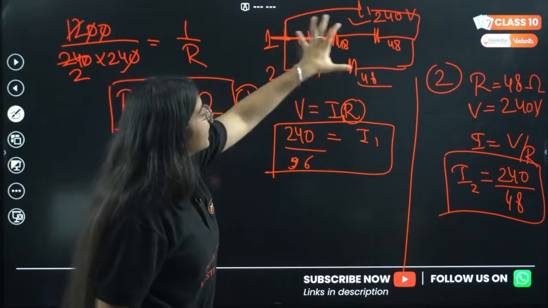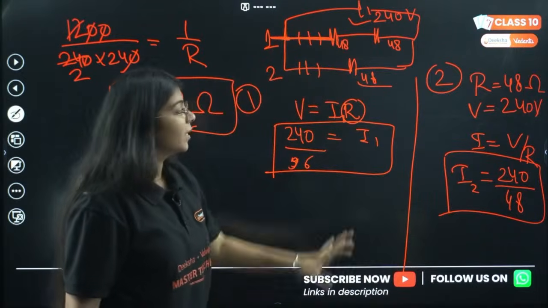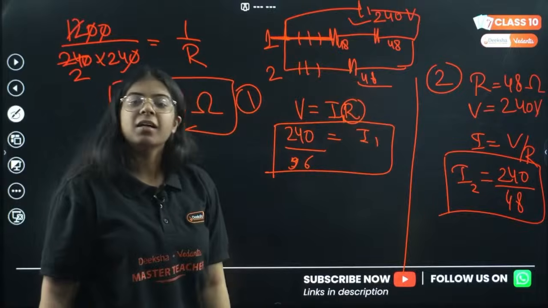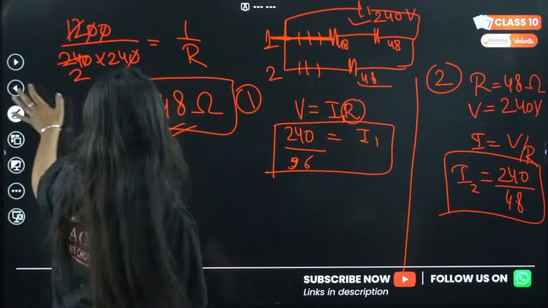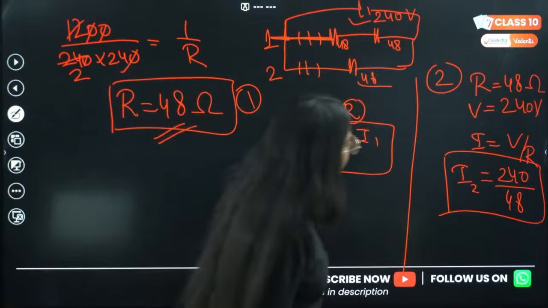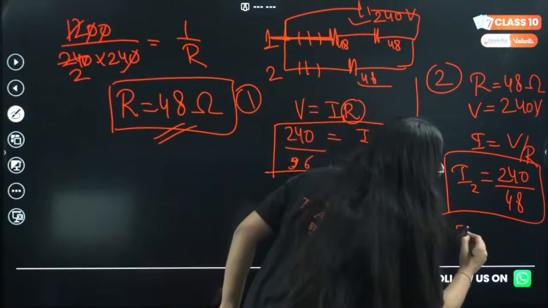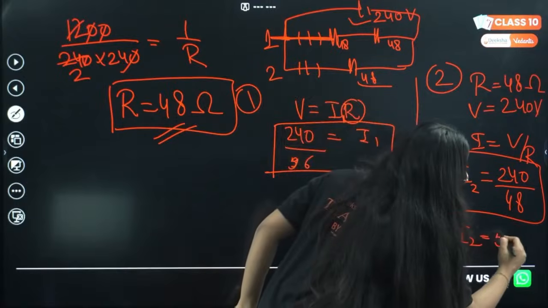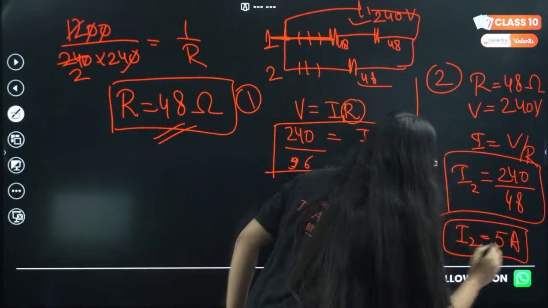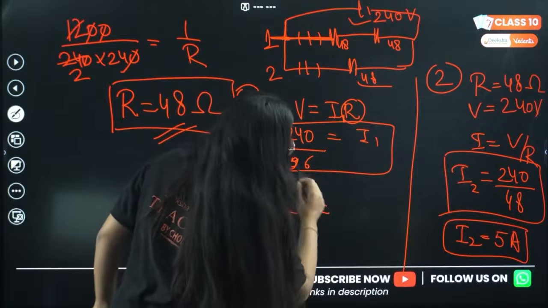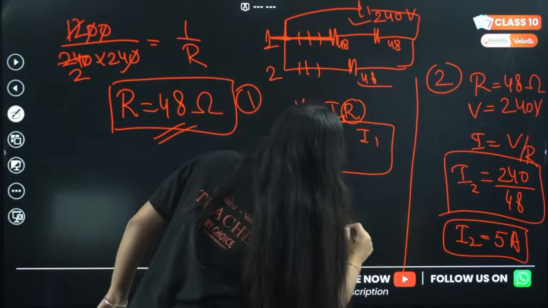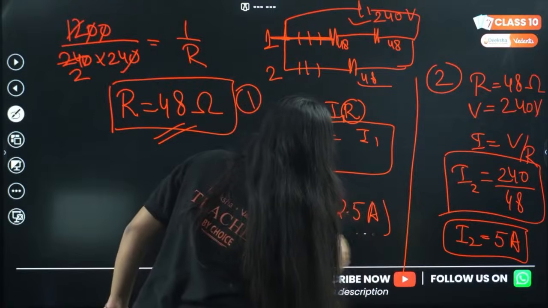In these branches the current is different, but through A and B the current will be the same since they are in series. If you want to solve, I2 will be 5 ampere and I1 will be 2.5 ampere.